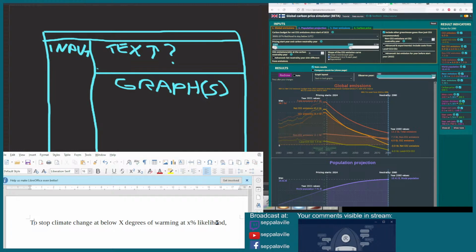Maybe it could be useful now to think about how this would be structured.